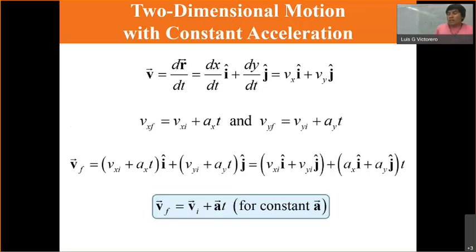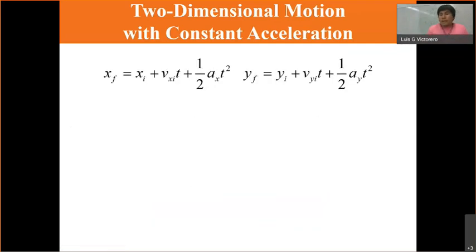right? Because V is Vx final, Vx initial, and a, whatever is on x, you have to keep it with x. So here you see, right? x with x, y with y. The same with this equation for constant acceleration, though.